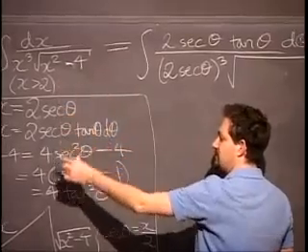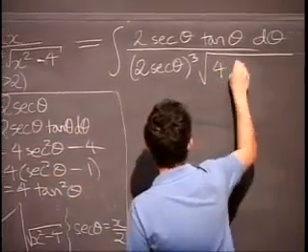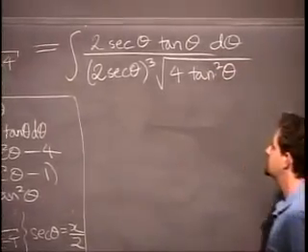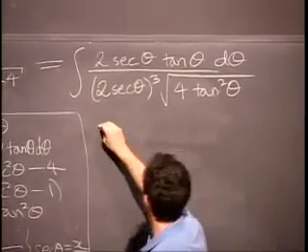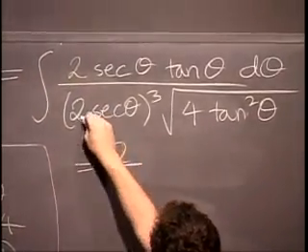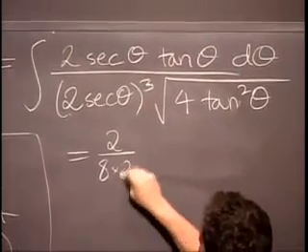Again, from my working, I know that this is 4 tan squared theta. So I've converted everything to theta land. Let's do a little bit of simplification. Here I have a 2. There I have an 8. 2 cubed is 8. Square root of 4 is 2.